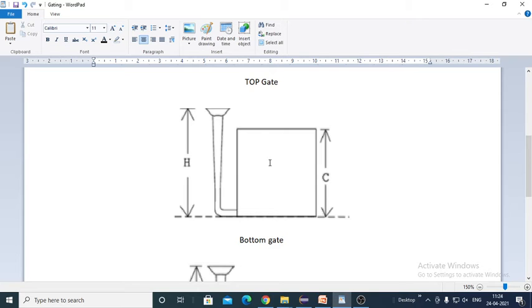In bottom gates, the liquid metal enters the mold cavity at the bottom. Now if freezing takes place at the bottom, it could choke off the metal flow before the mold is full.